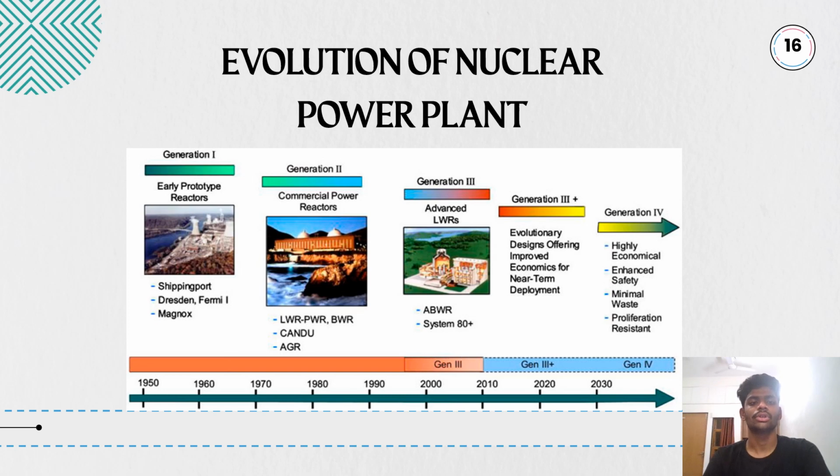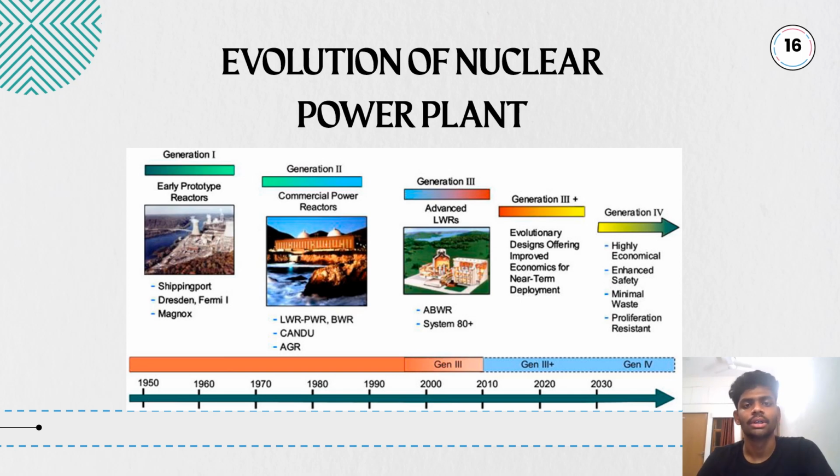Now, the evolution of nuclear power plants. Evolution of nuclear power plants refers to the advancements and changes in technology regarding design, safety measures, and operational practices of nuclear generation over time. Generations: generation 1, early prototype reactors, Shippingport, Magnox.